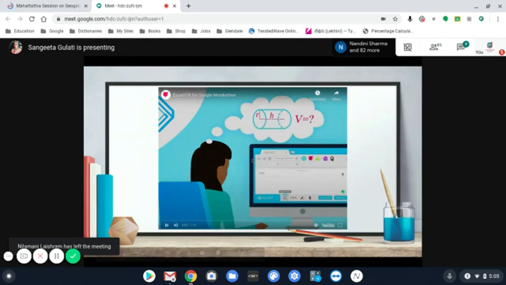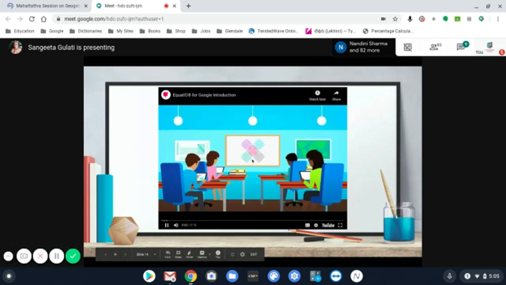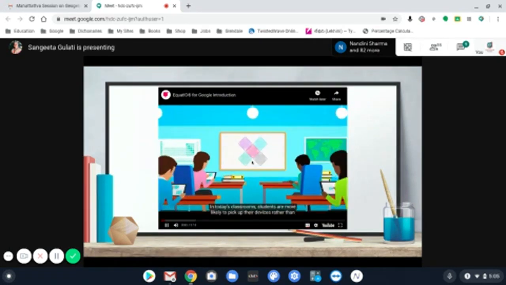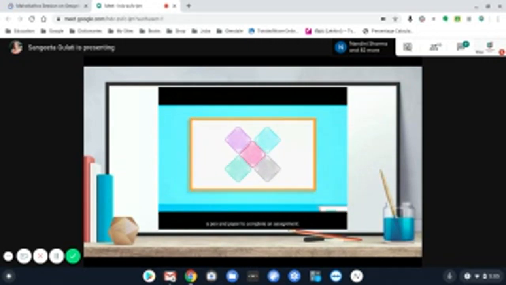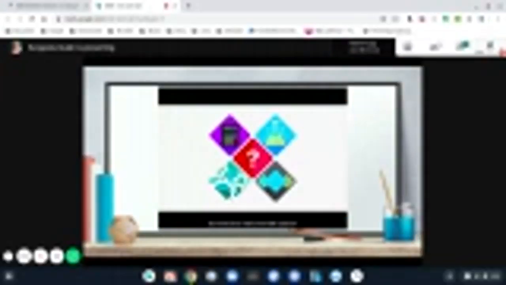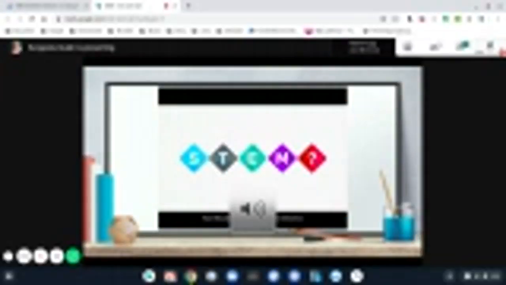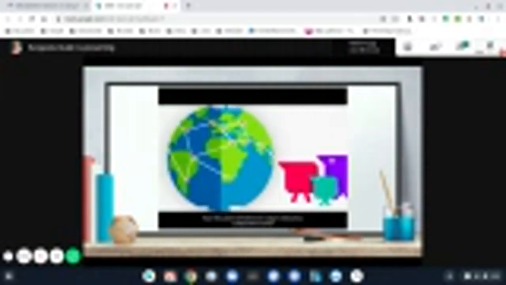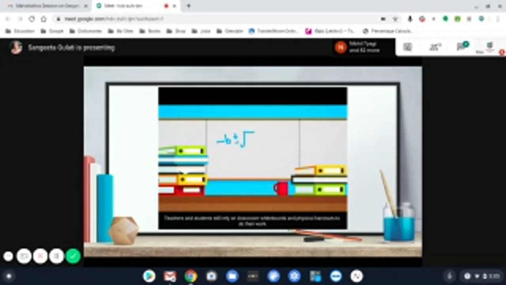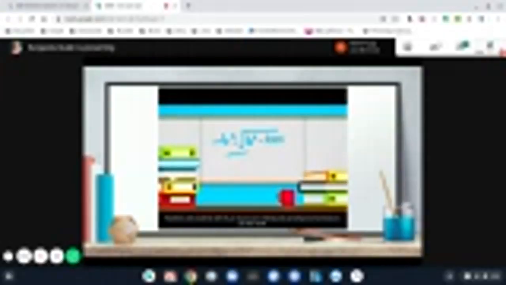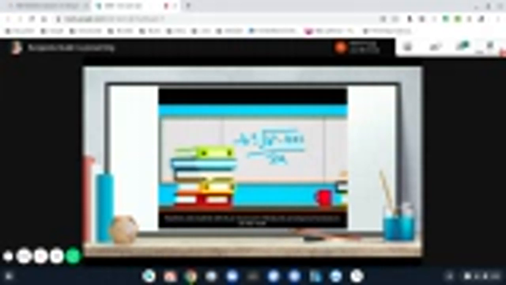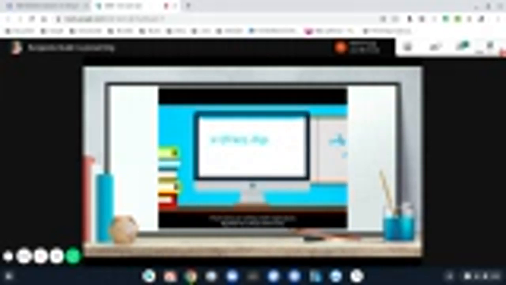In today's classrooms, students are more likely to pick up their devices rather than a pen and paper to complete an assignment. But what about math and STEM subjects? Have they been left behind in today's interactive, collaborative world? Teachers and students still rely on classroom and physical work.